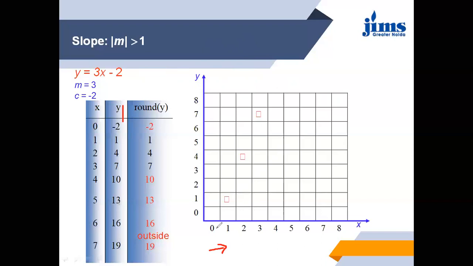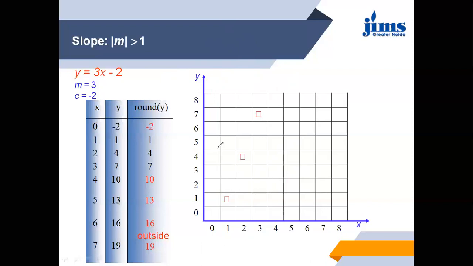Means there are two things. Either I can choose the value of the x coordinate and try to find out the position of the y coordinate, or I can choose the y coordinate and find out the position of the x coordinate. Let me tell you over here.